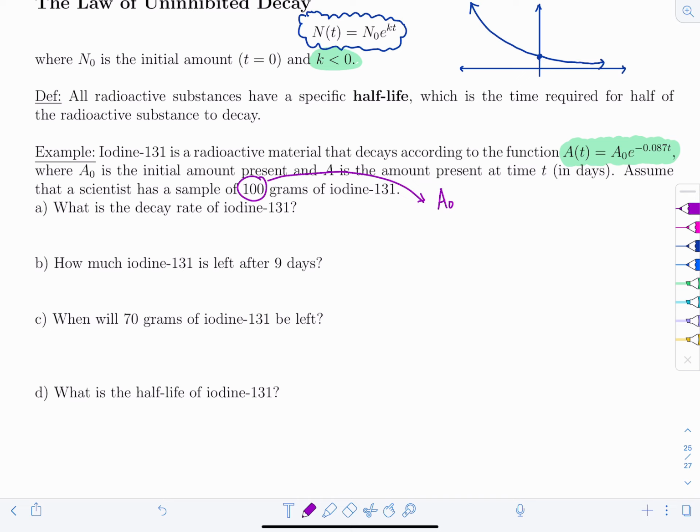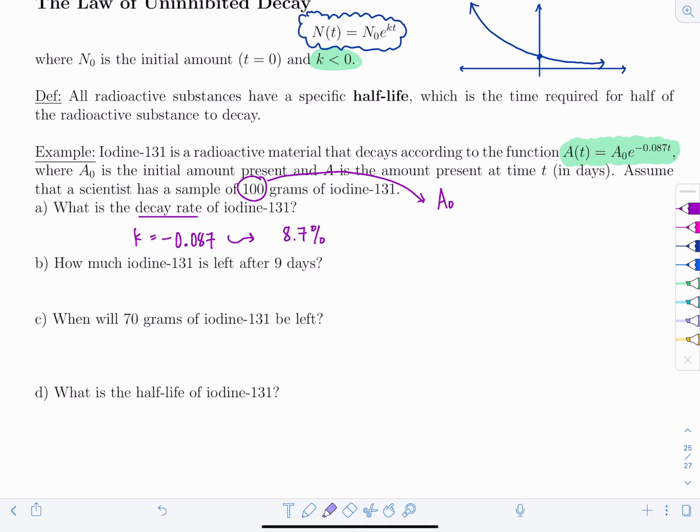All right, what is the decay rate of iodine-131? So the decay rate is basically k, right? Go to the exponent, and it's the constant in front of t. So k equals negative 0.087. As a percentage, that's 8.7, right?